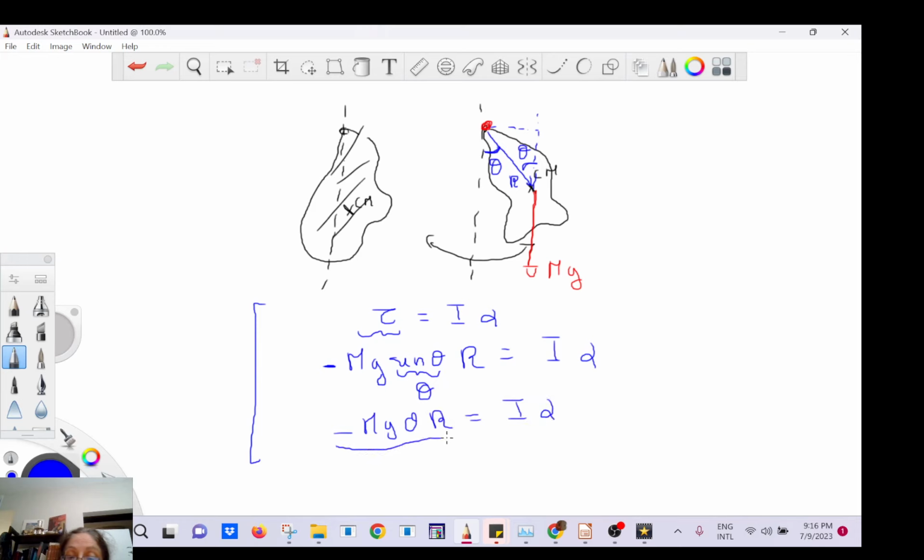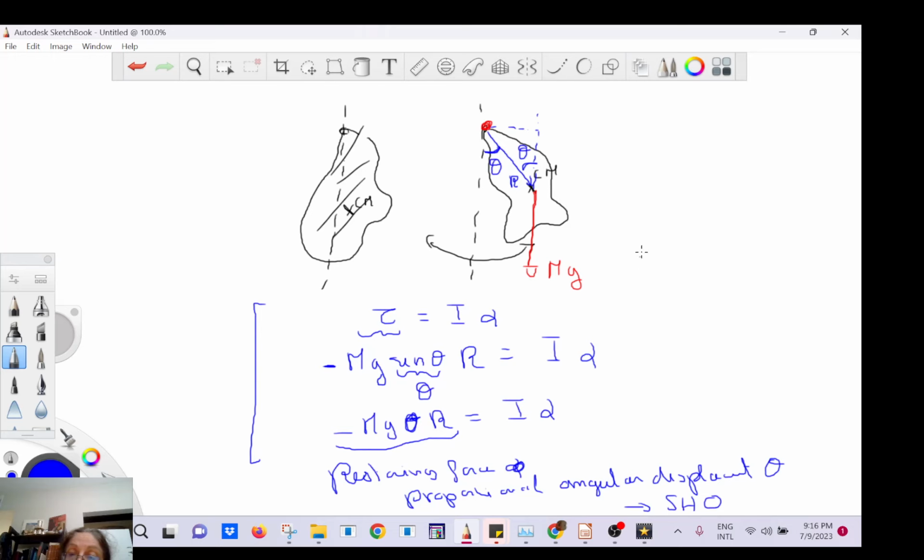So what matters here is that this is the restoring force, and you see that the restoring force is proportional to the angular displacement, theta. So that means it's going to be a simple harmonic oscillator, right?